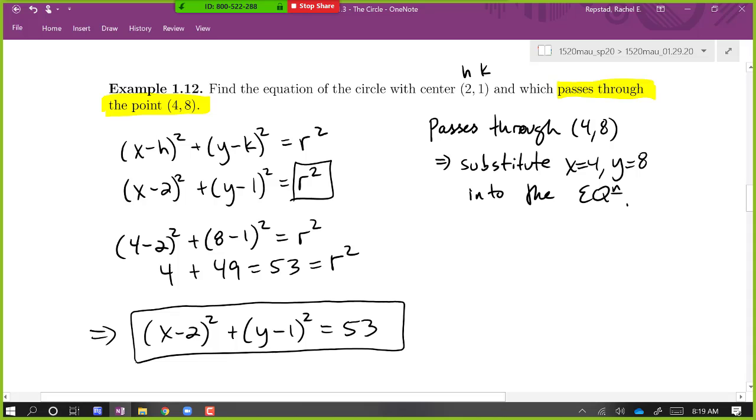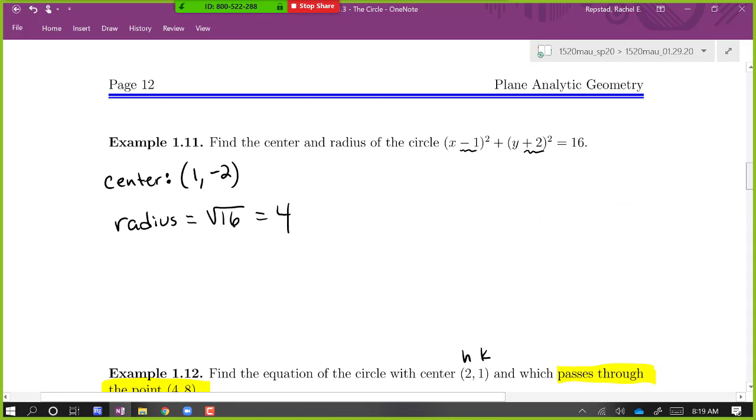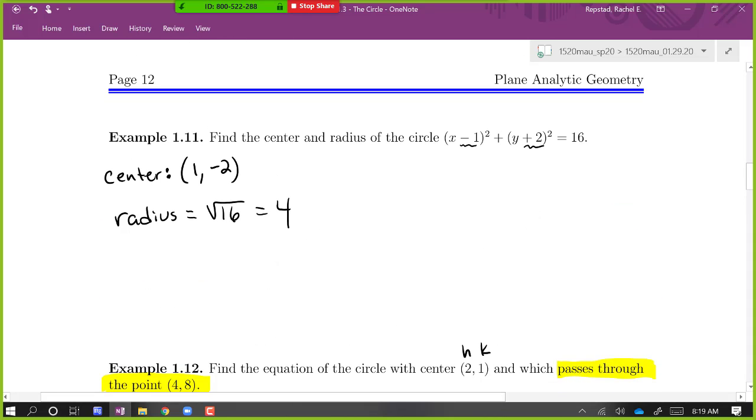Okay. I'm going to scroll up to this last example that we did a second ago and just say, look, what if instead of giving us the equation in this form, I take this equation and do some algebra on it? I'm going to expand both of those squares. So we have x squared minus 2x plus 1 plus y squared plus 4y plus 4 equals 16.